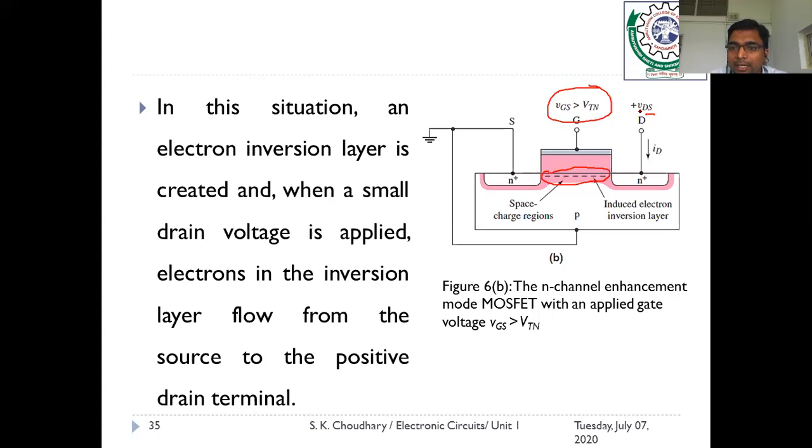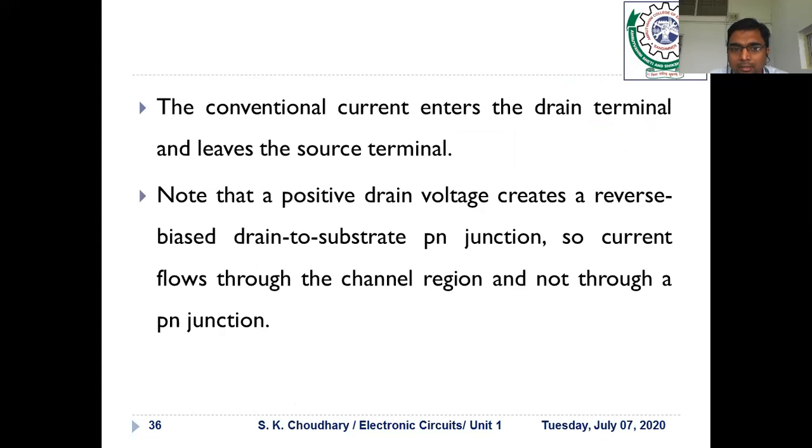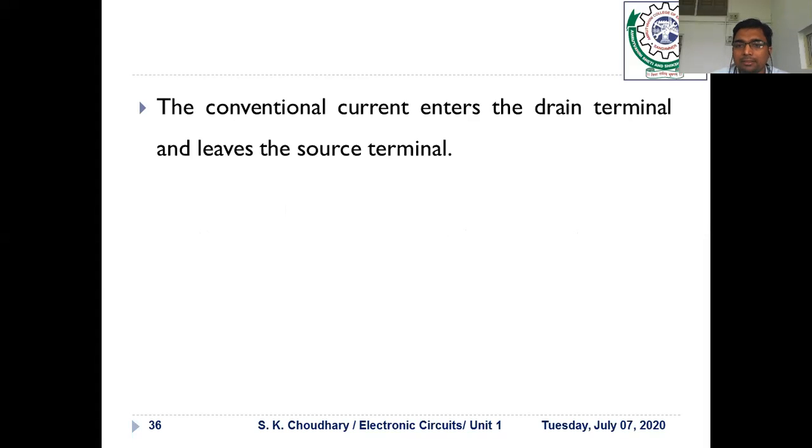So this is the minimum requirement to start the flow of current. First, VDS should be some positive value. Second, the gate to source voltage should be greater than the threshold voltage. The conventional current enters the drain terminal and leaves the source terminal. Note that a positive drain voltage creates a reverse biased drain to substrate PN junction. So the current flows through the channel region, not through the PN junction.